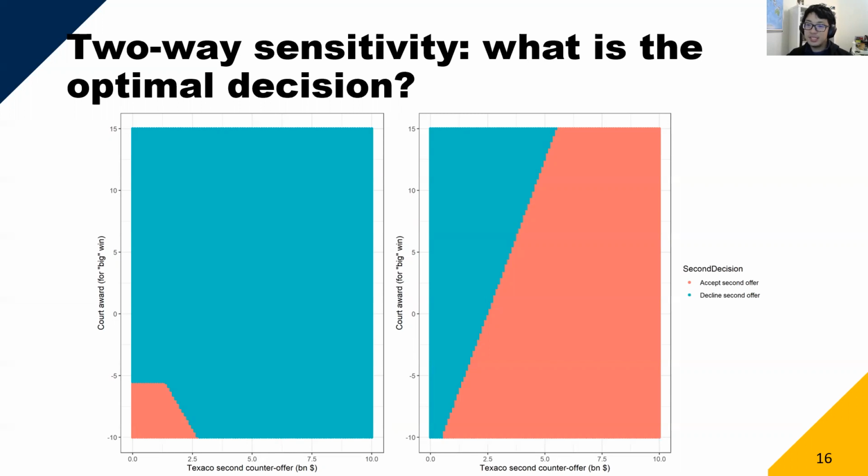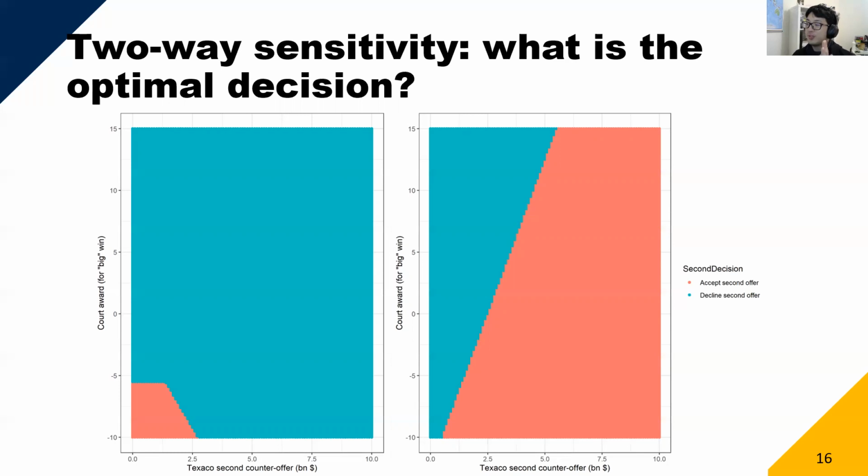So we can see over large ranges of the court award and the counter offer whether you should decline or accept the first offer here, and then in the second one, whether you should accept or decline.